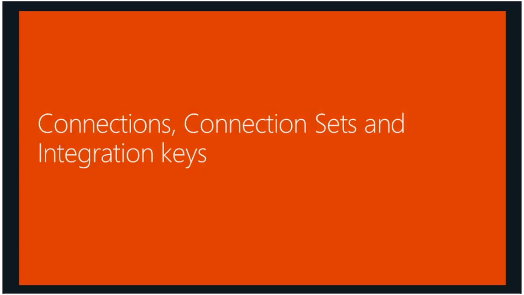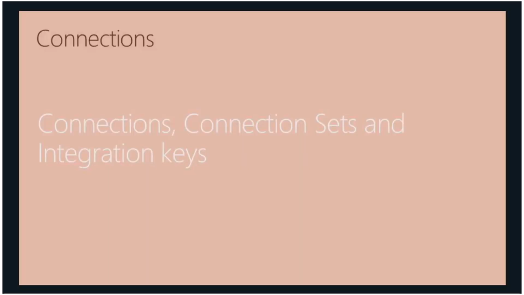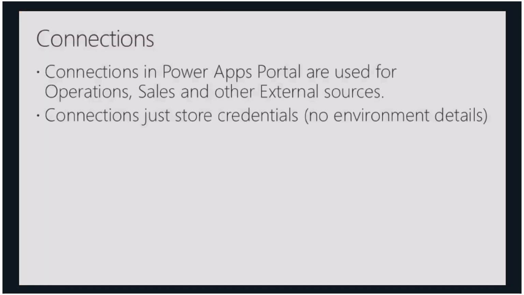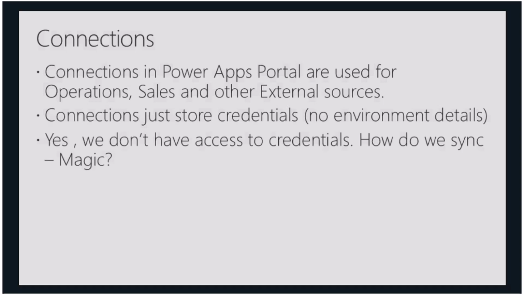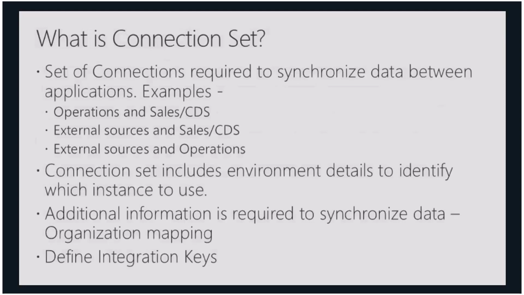So now, since we learned in general about templates, connections, let's talk about more things. Connections are used to store credentials. So that's how you pretty much store the ways to access your environments. After you have a connection, based on the connection you will create a connection set.